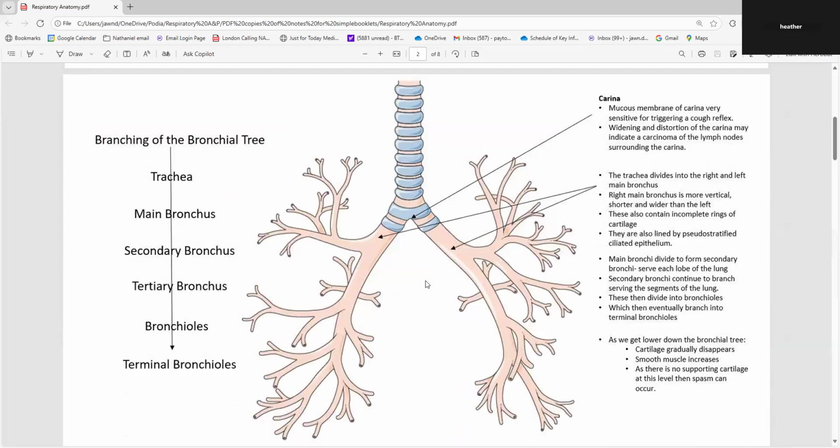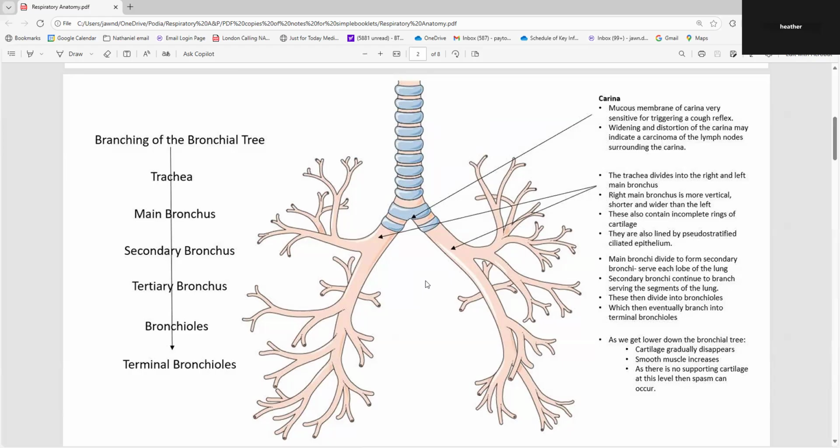Okay, so now we're working our way down the bronchial tree. You can see the branching of the bronchial tree here. We start with the trachea, then the main bronchus, the secondary bronchus, then the tertiary bronchus, then the bronchioles, and then the terminal bronchioles. This divides multiple times, about 24 times.